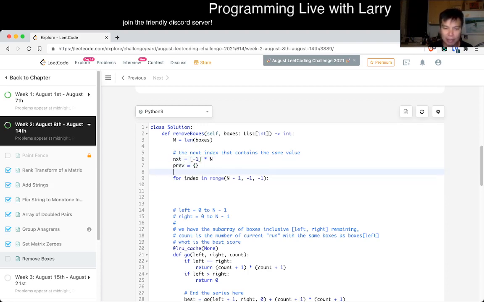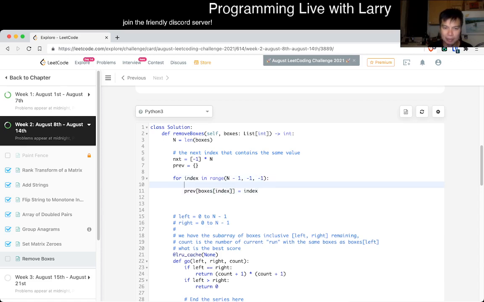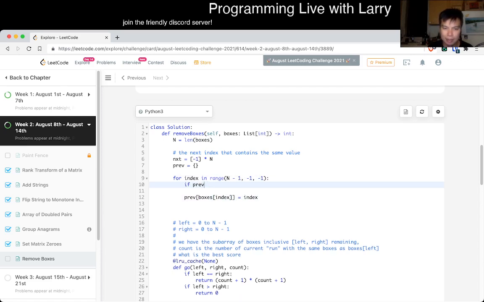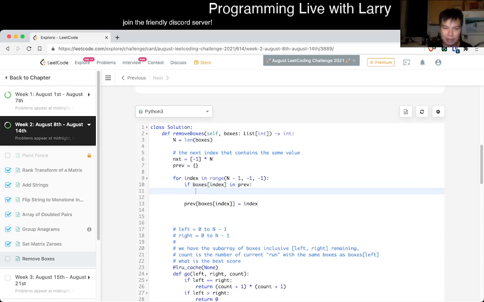But this is looking backwards. So previous of boxes of index is equal to index. But before that, if boxes of index is in previous, then next of index is equal to previous of boxes of index.